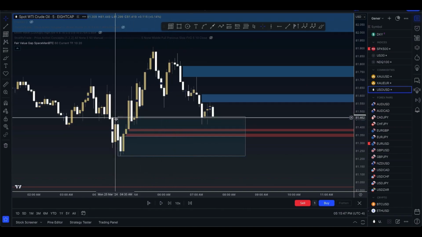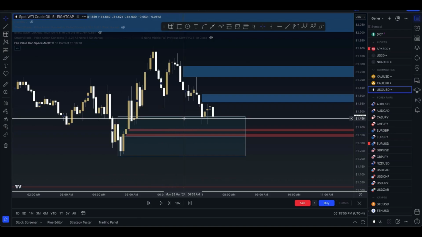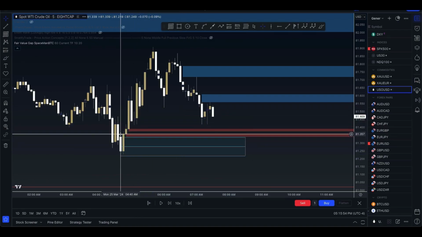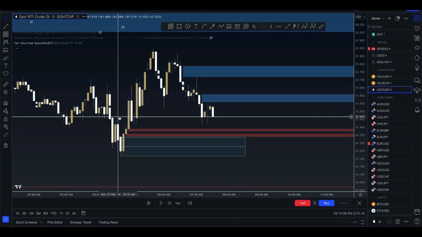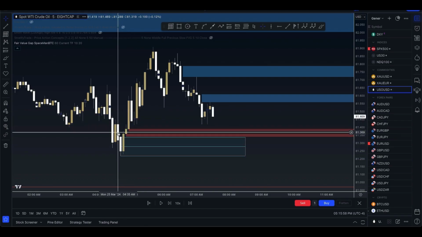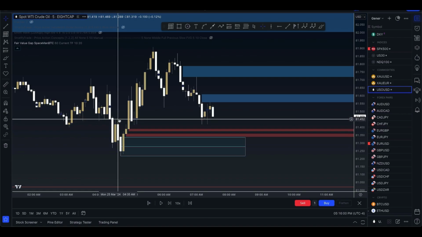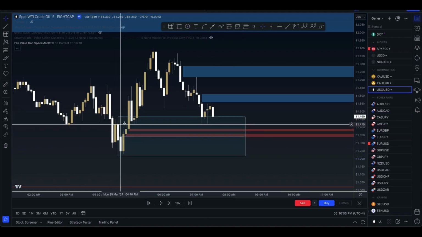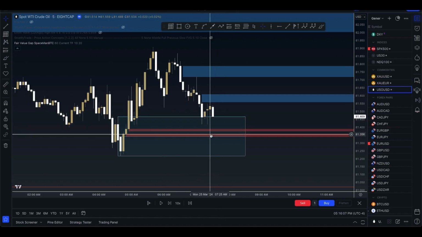So let's say price comes down near this area and you realize that it doesn't tap you in here, right? But you go on the higher time frame and say, oh wait, these two candles make a whole order block, and price actually tapped into it here. So you can cover the rest of this zone and then you'll be good to go.